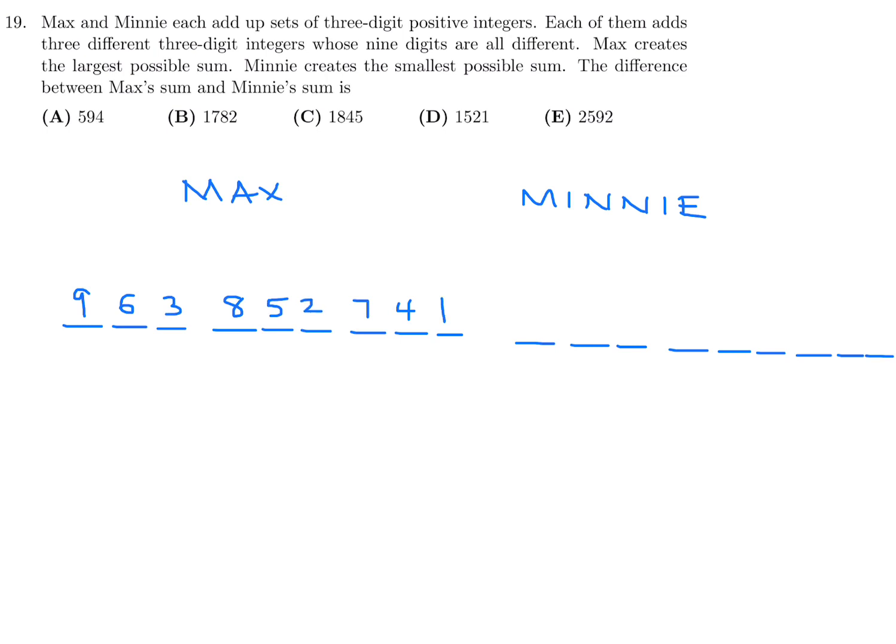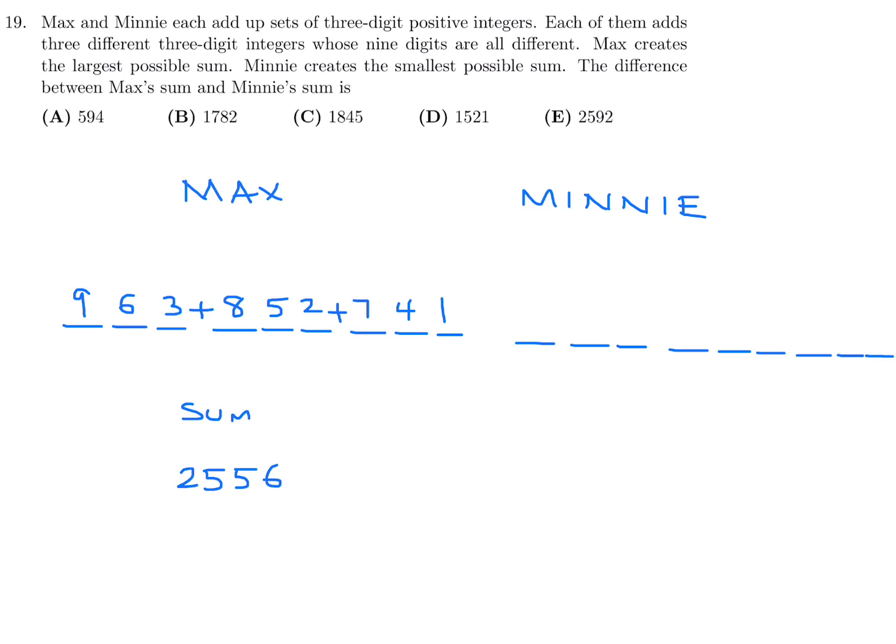I'm pretty confident this is the way to make the 3 largest numbers, considering the fact that I can't use the digits more than once. All the digits have to be different. Okay, so this sum, if I were to add these 3 guys, is 2556.